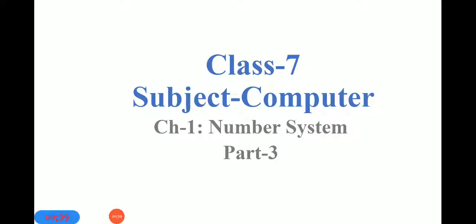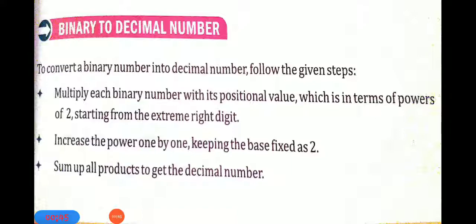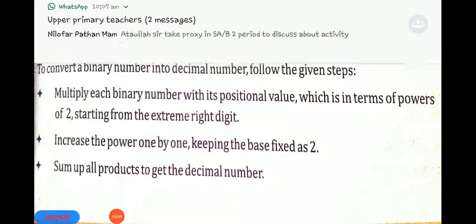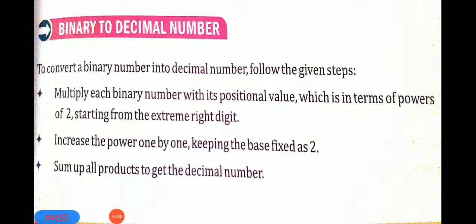So here I will start explaining the second type of conversion, which is binary to decimal number conversion. You have to remember a few steps. Follow the given steps to convert a binary number into a decimal number.